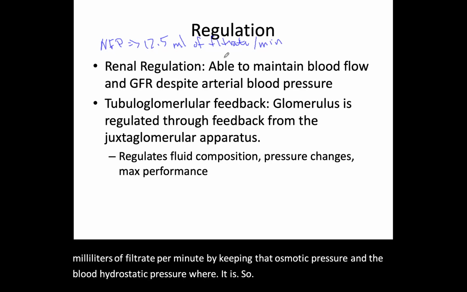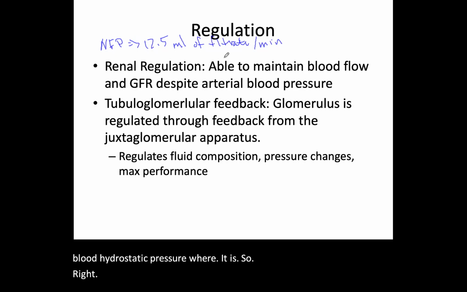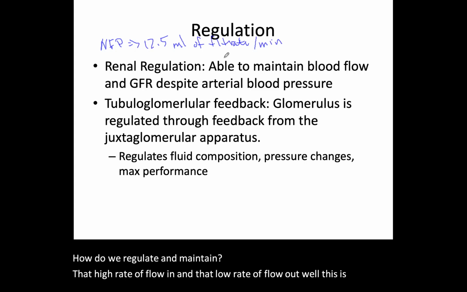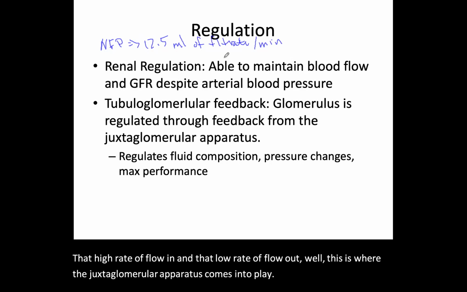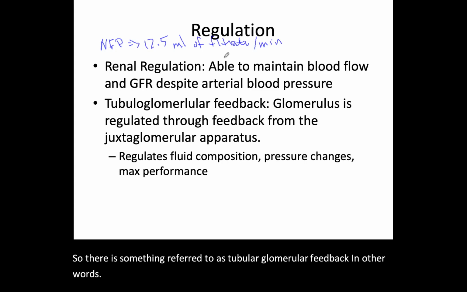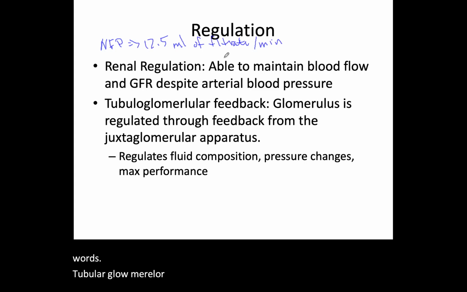So, all right, regulation. How do we regulate and maintain that high rate of flow in and that low rate of flow out? Well, this is where the juxtaglomerular apparatus comes into play. So there is something referred to as tubular glomerular feedback. The tubular part is the capillaries, the capillaries that are flowing through the glomerulus.